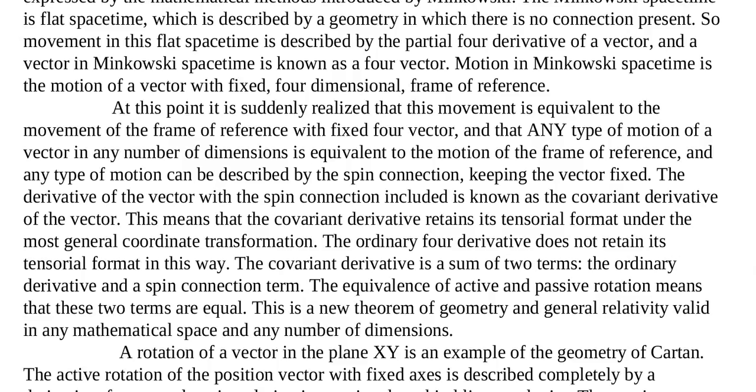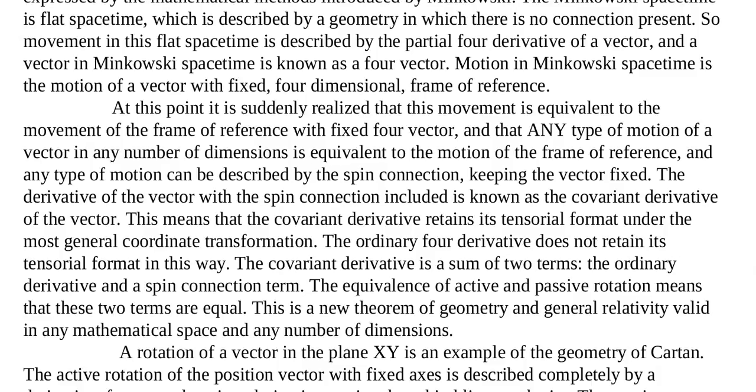At this point, it is suddenly realized that this movement is equivalent to the movement of the frame of reference with fixed 4 vector, and that any type of motion of a vector in any number of dimensions is equivalent to the motion of the frame of reference, and any type of motion can be described by the spin connection, keeping the vector fixed.